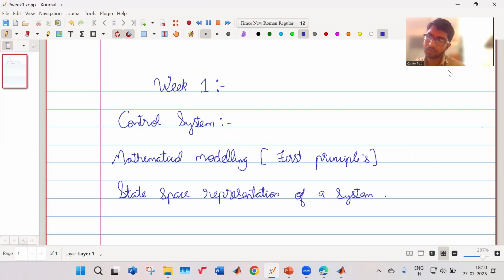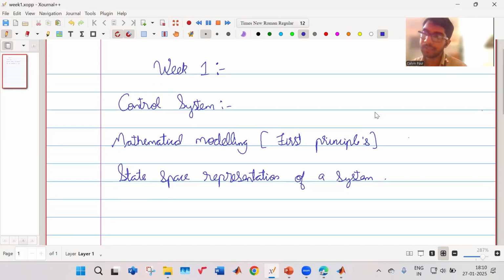For linear systems? Okay. Usually we do it most of the time for linear systems, but it can be made even for a non-linear system as well. The approach Sir has followed is to find the equations, and if the system is linear, he directly writes the state space representation.